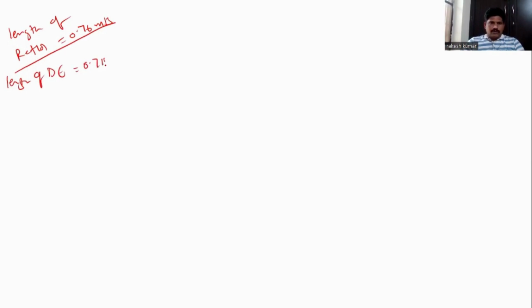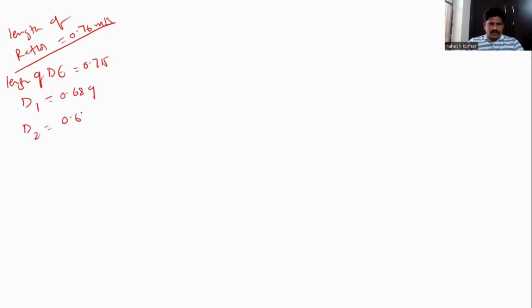Summarize this diagram. Okay, so now tell me, what is the length of the reflector? The length of the reflector is equal to 0.76 meters. Okay, next, the length of the driven element is equal to 0.715 meters. Director D1 is equal to 0.685.